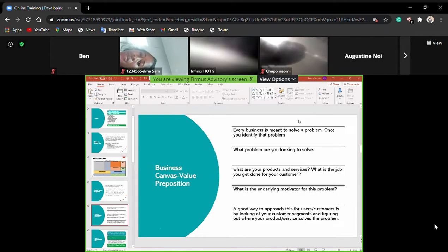So a good way to approach this is by looking at your customer segment. One other way in doing that, you have to look at it in this sense. Who are the people that I'm going to be targeting? Yes, I have a lot of new people who are living in Afenia. They move from there and come to Accra to work, and also they have a good income.